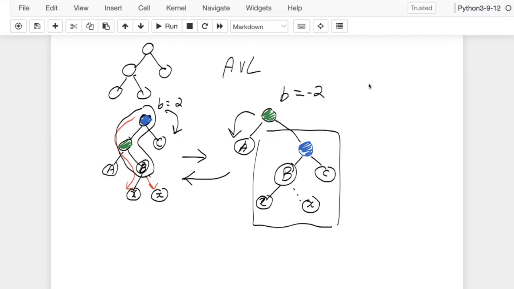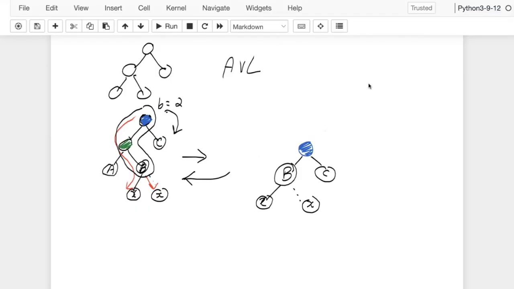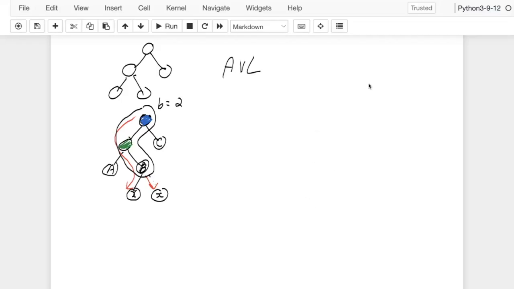Instead, what we should do is to first line up these three consecutive nodes into one direction by moving B up.